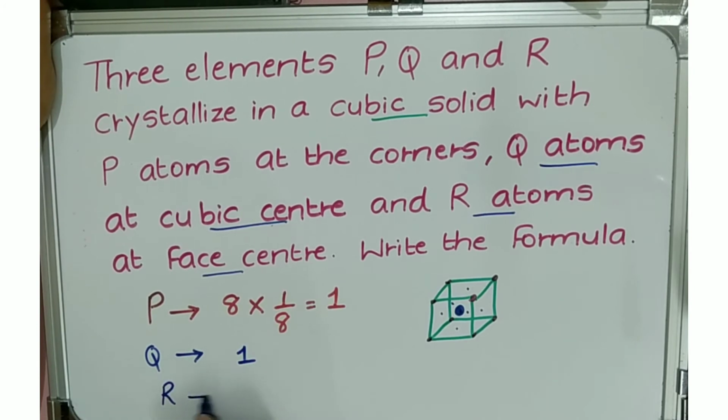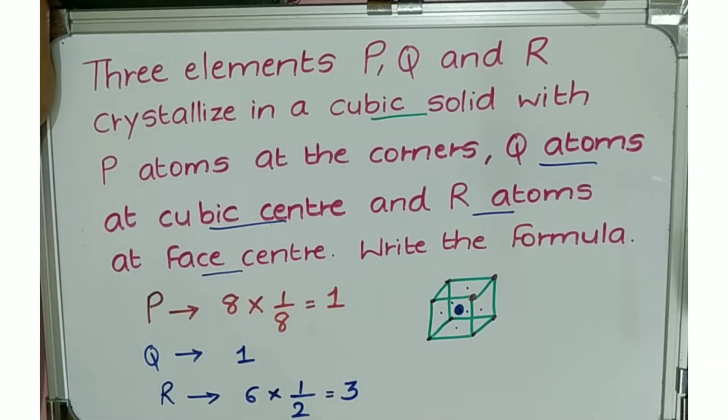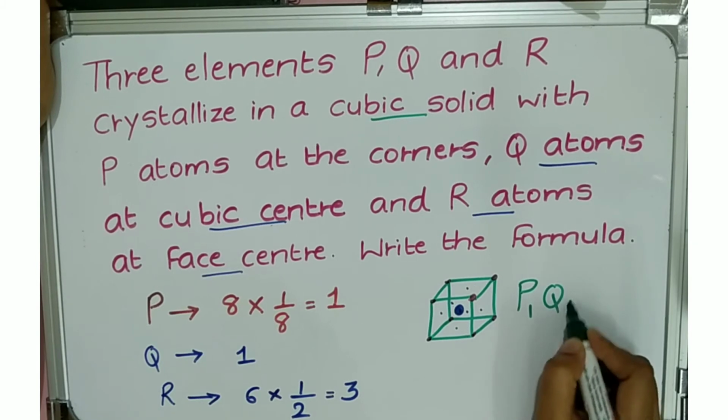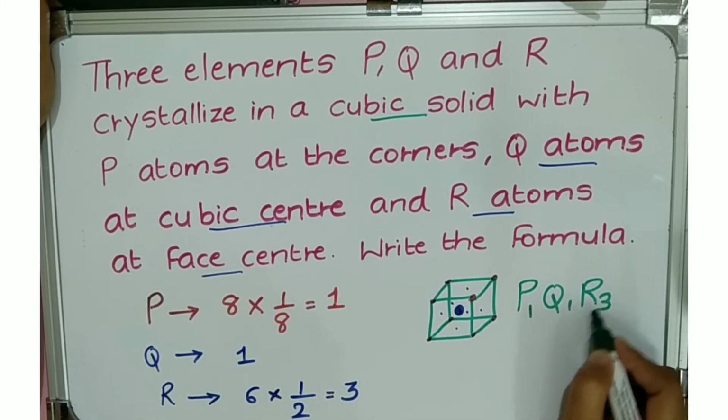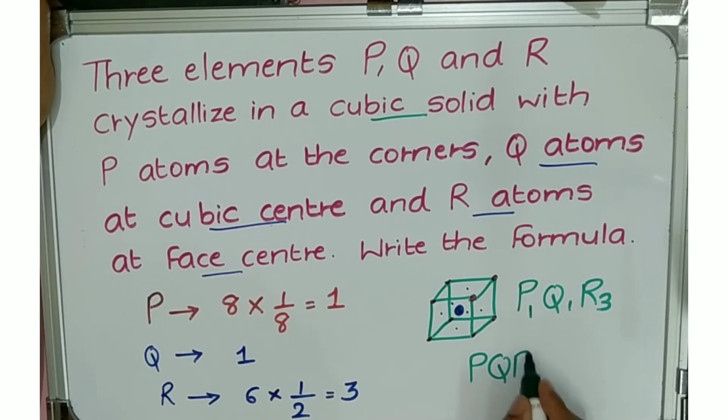So R, 6 faces and half. Contribution of each atom will be half because half of the atom will be shared by another unit cell. So that is 3. So we get here the formula of this compound, that is P1 Q1 R3. 1 we are not writing. So the formula is PQR3.